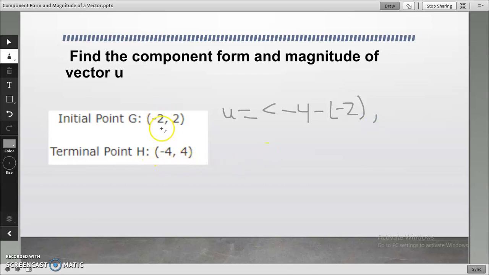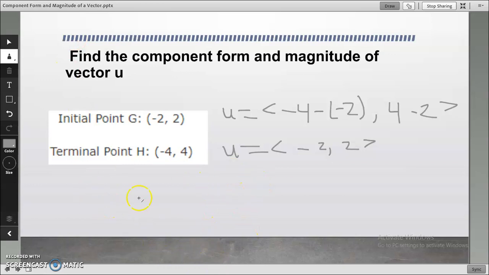So these are our first values, and then our second values, our terminal point, which is 4 minus 2. And so -4 minus a -2, which is -4 plus 2, which gives me -2. And 4 minus 2 is 2. So here's the component form of vector u.